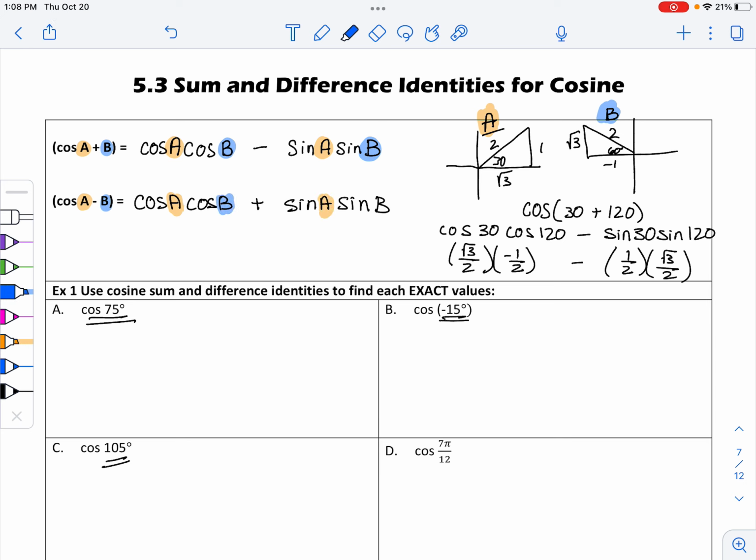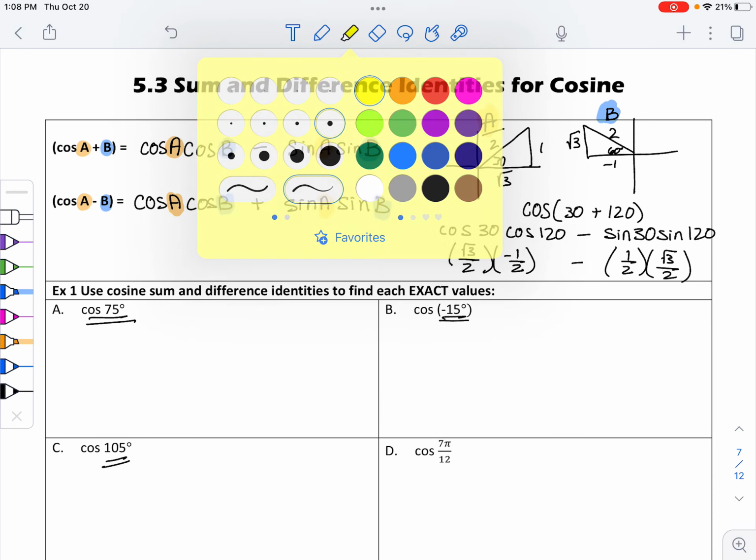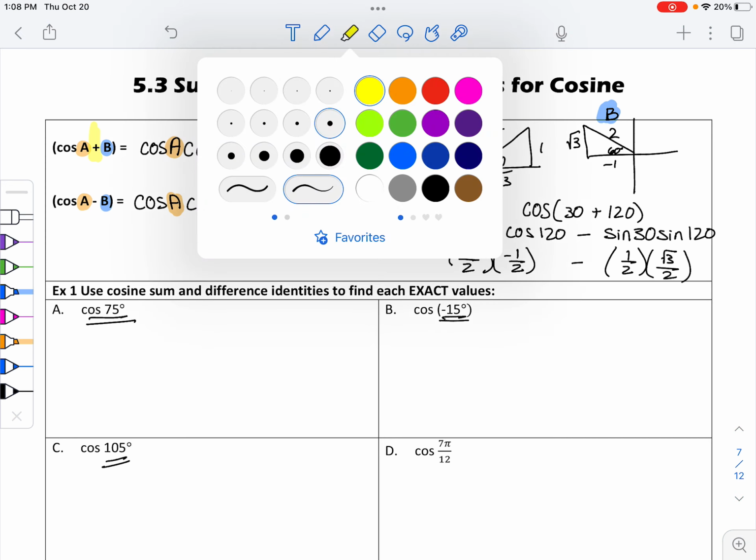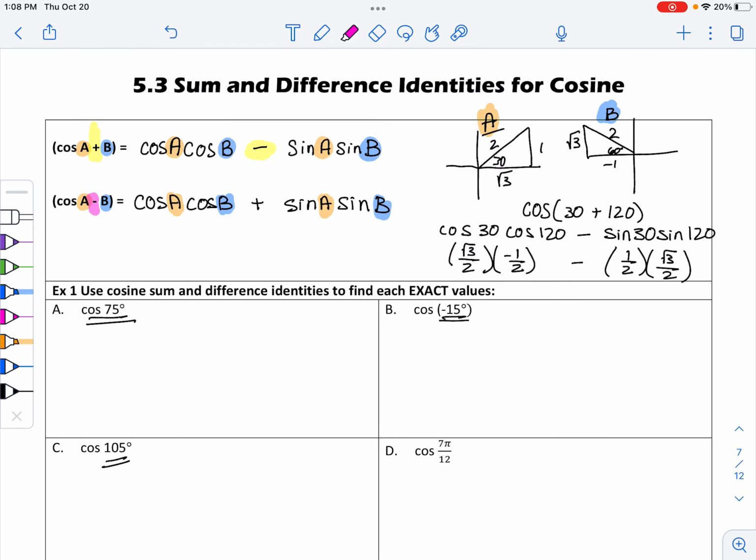The only difference between these identities is the operation in the middle. When you add angles, we subtract the cosine multiplication and the sine multiplication, and when you are subtracting angles, we add. So we do the opposite operation. Okay, keep that in mind. There's our two identities, so let's use them.